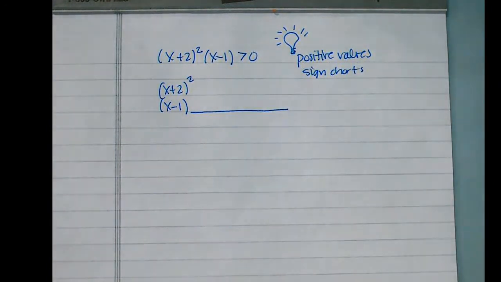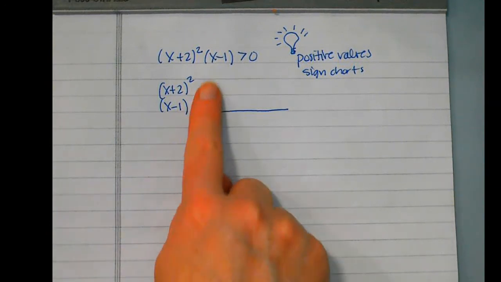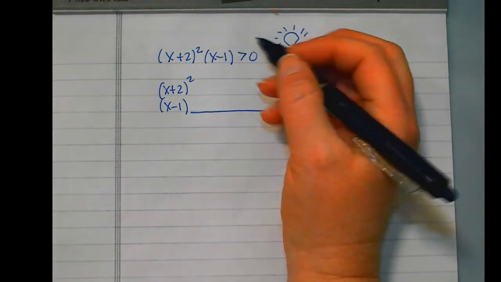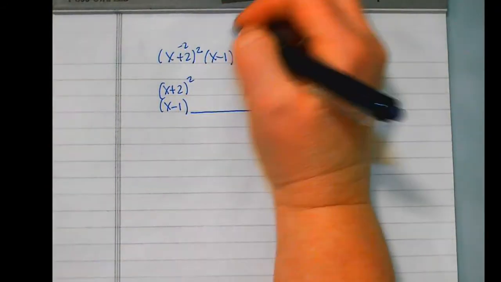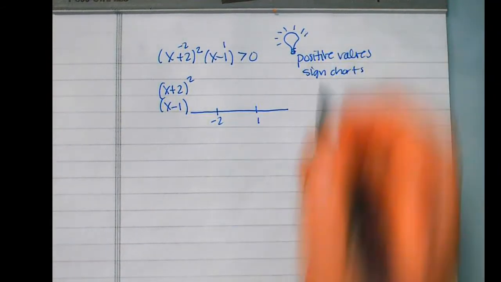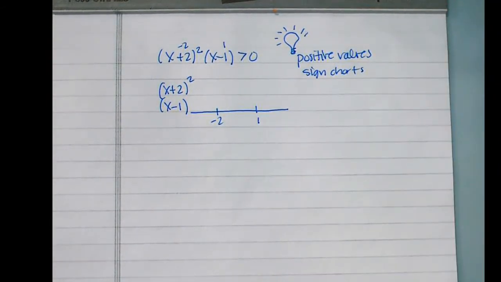And the reason for that is because a 0 means if it's equal to 0 that it's negative on one side and positive on the other. Maybe it bounces. Maybe it's positive, positive on either side of it. But zeros are the only place where it can change sign from positive to negative. So down here, I'm going to put this one's negative 2 and this one's 1. That's my right order. I do have to put them in the right order. Always going small to big.